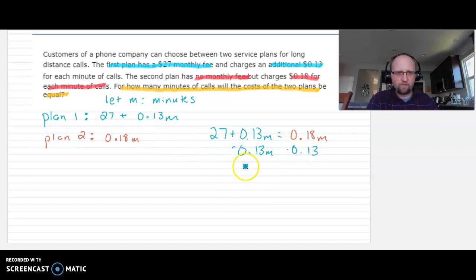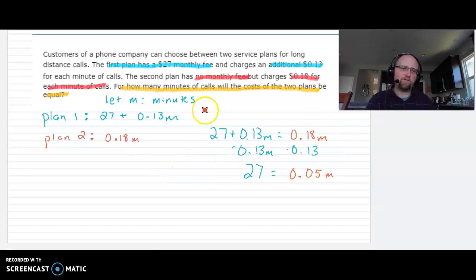And then I'm left with 27 on the left side. And on my right side, just go ahead and do the subtraction. 8 minus 3 is 5. 1 minus 1 is 0, and 0 minus 0 is 0, and my m comes with that.